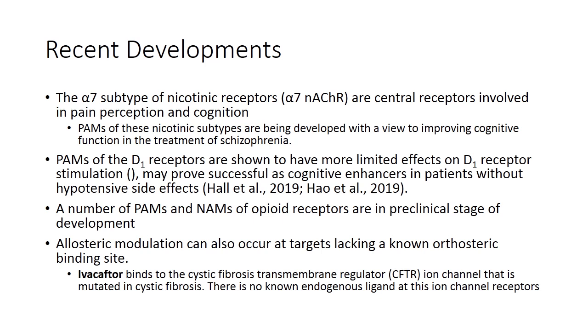There are many other recent developments which can be discussed. For example, the central nicotinic receptor subtype alpha 7 is involved in pain perception and cognition, and development of PAMs at these receptors is exciting for the treatment of schizophrenia to improve cognitive function, because many antipsychotic drugs may adversely affect cognitive function when used for the treatment of psychosis.